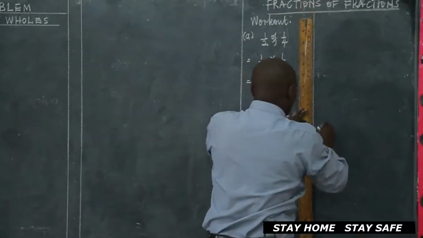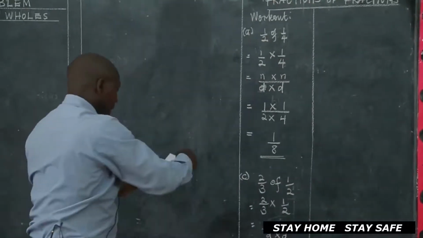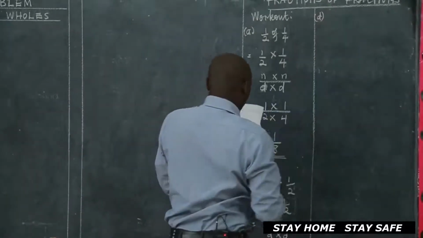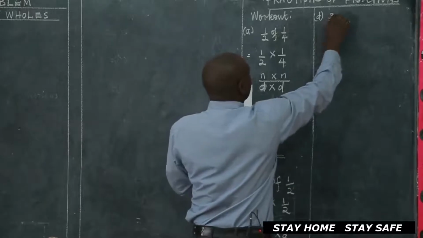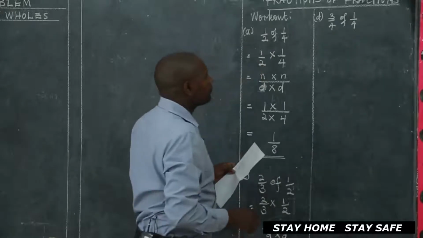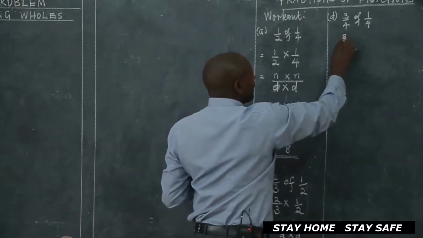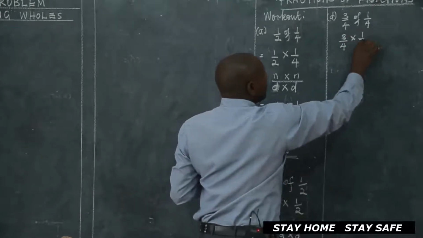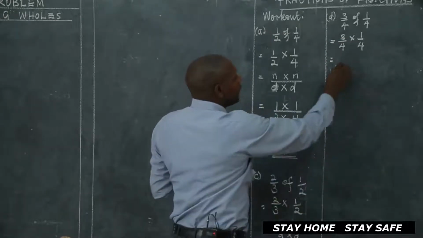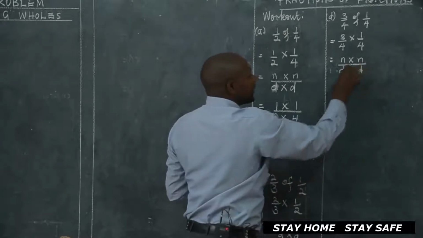Let's have part D, which was 3/4 of a quarter. We said interpret the word "of", which means multiplication, okay? Then the next step, multiply a numerator times a numerator out of a denominator times a denominator.